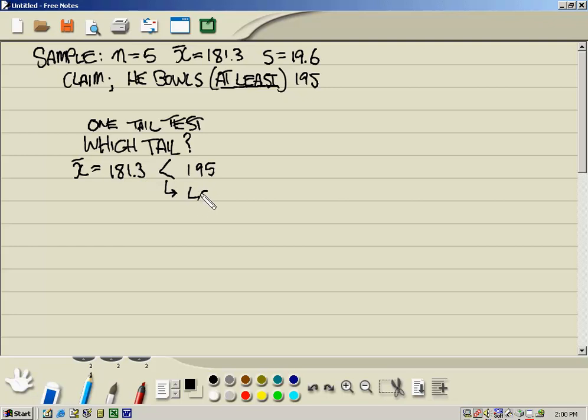So a lower tail test, and the alternate will have that less than sign. So instead of X bar being less than 195, the population equivalent will be mu less than 195.